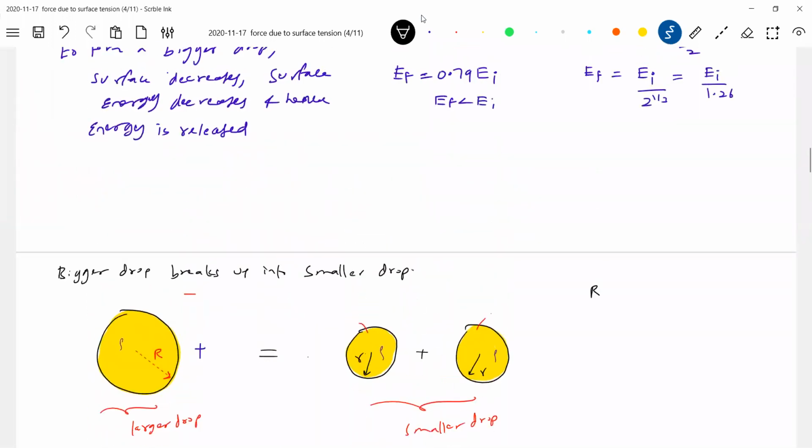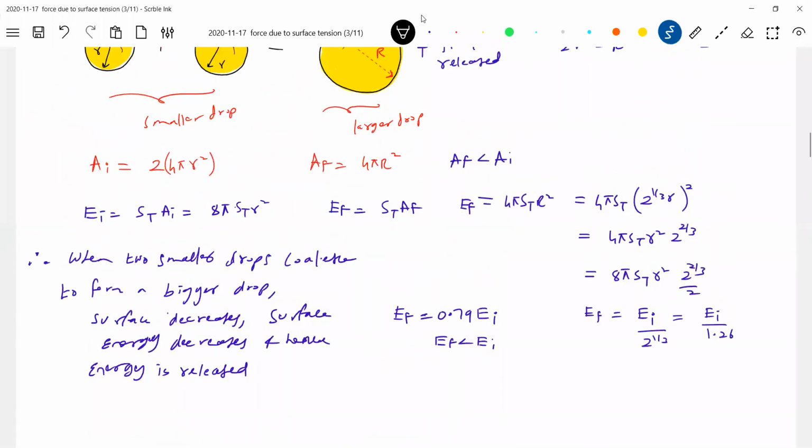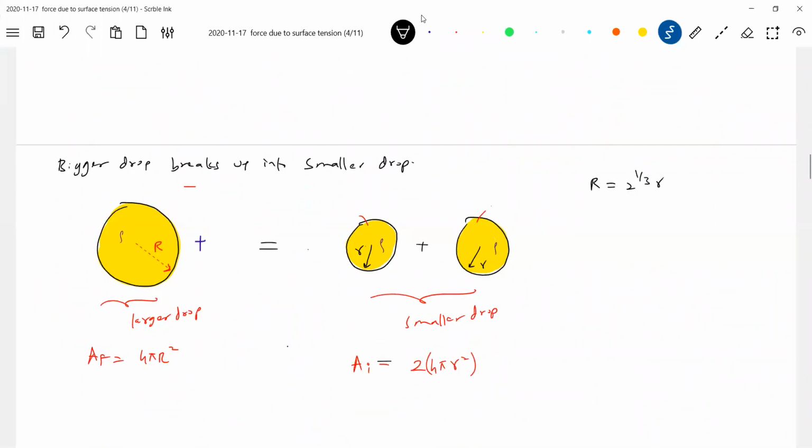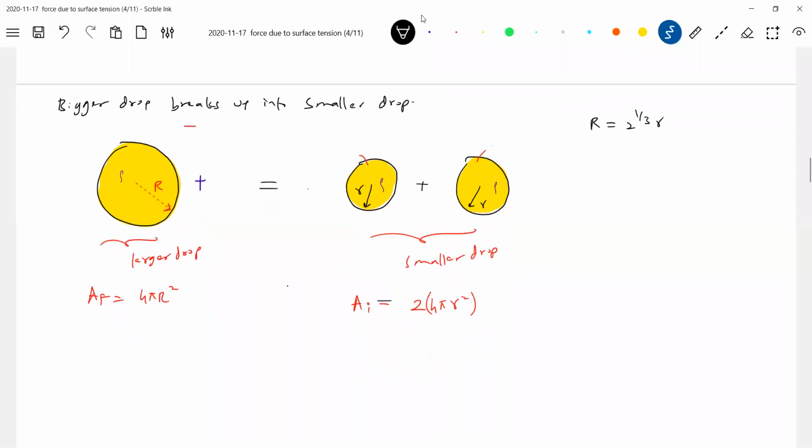R is equal to 2 to the power of 1 by 3 R. Okay, that is regarding radius, and I'll check it. So what I conclude here, AI will be greater than AF. And tell me what should happen to this. Surface energy, EI, initially is surface tension into 4 pi R square.